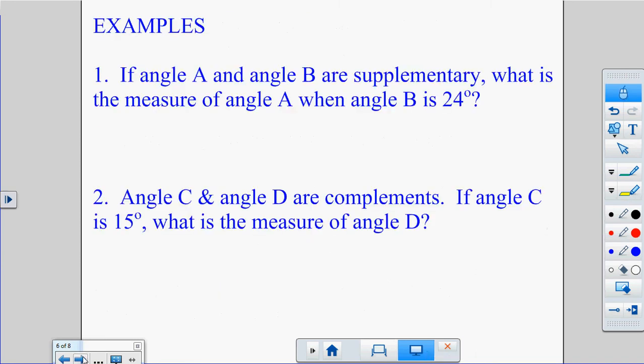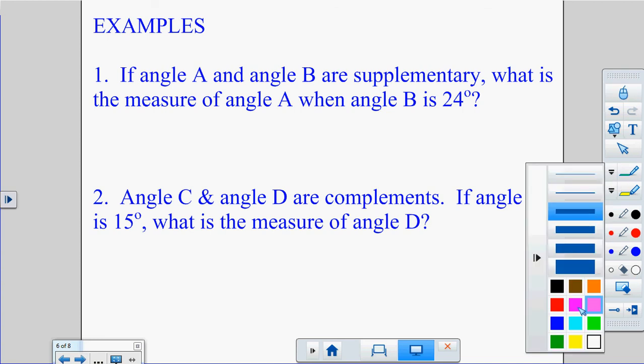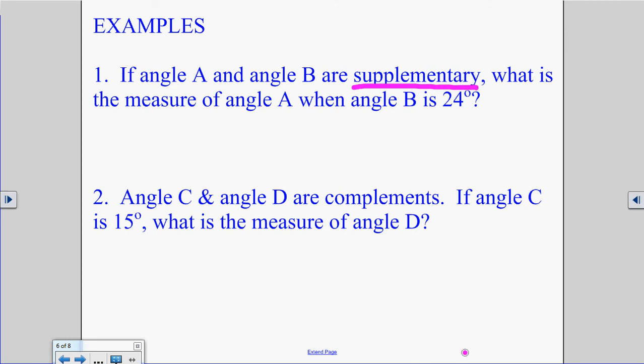Okay, so try these two problems. Number one, if angle A and angle B are supplementary, what is the measure of angle A when angle B is 24? So push pause and try this problem. Okay, so keyword is supplementary. I know that C equals 90 and S is 180, so it has to equal 180.